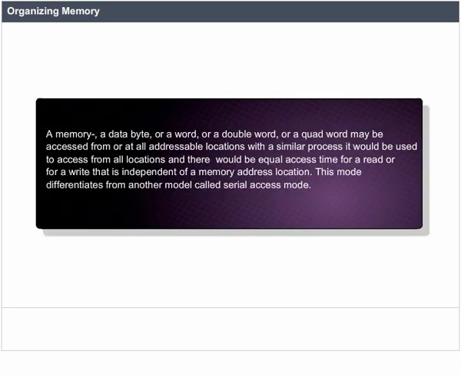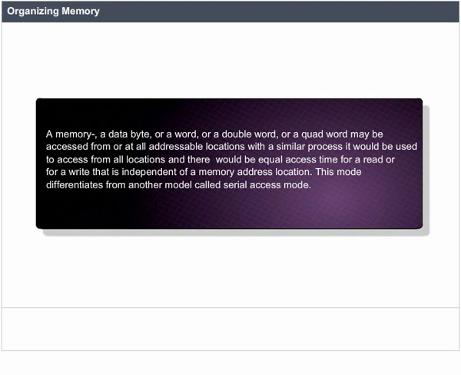Organizing memory. A data byte, or a word, or a double word, or a quad word may be accessed from all addressable locations with a similar process. There would be equal access time for a read or for a write that is independent of a memory address location.